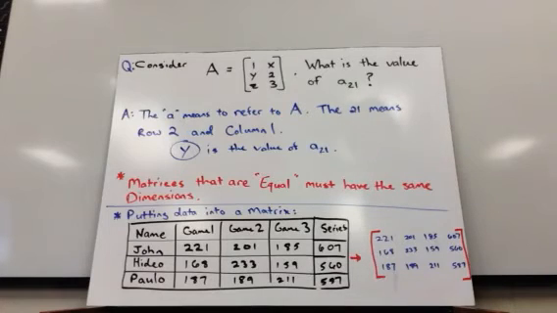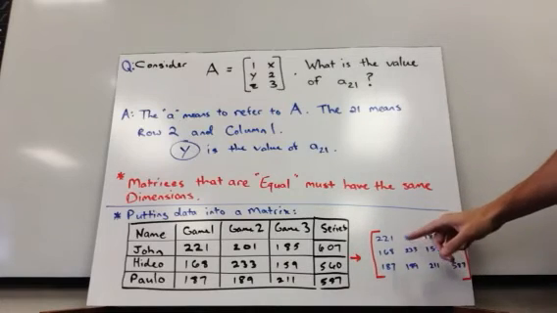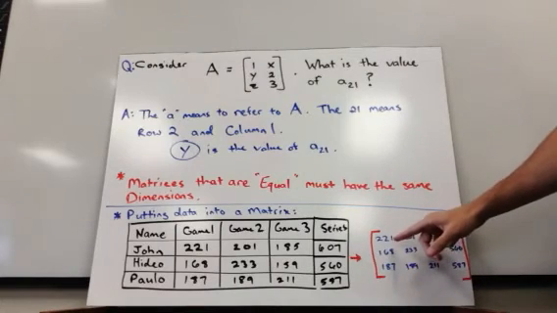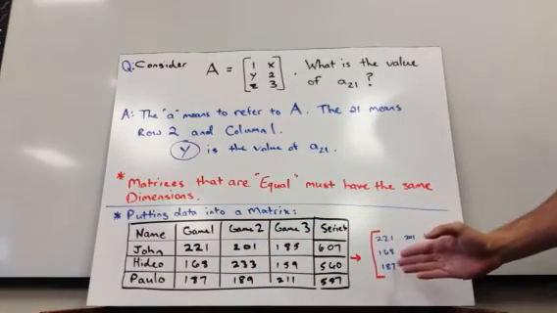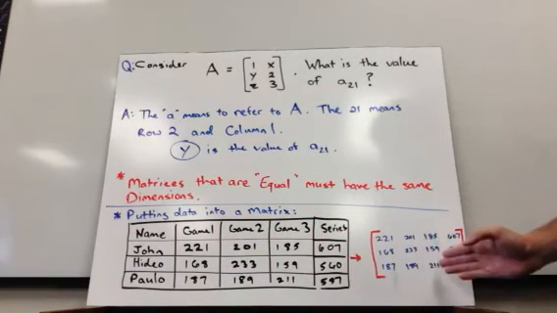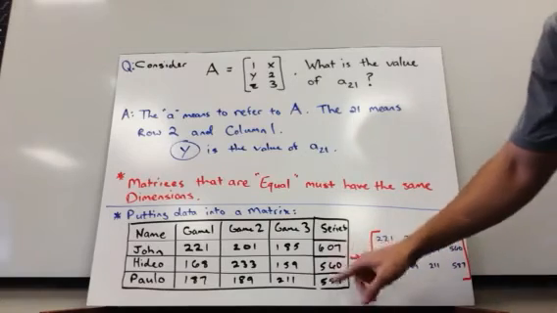What we want to do with a matrix, we want to skin it of everything that's not necessary, and that would be everything but the numbers. So in your answer down here in the bottom right, it might be tough to see the numbers. You have the 221, 168, 187 in the first column, and you have the second column, third column, and fourth column. So we have just the numbers.